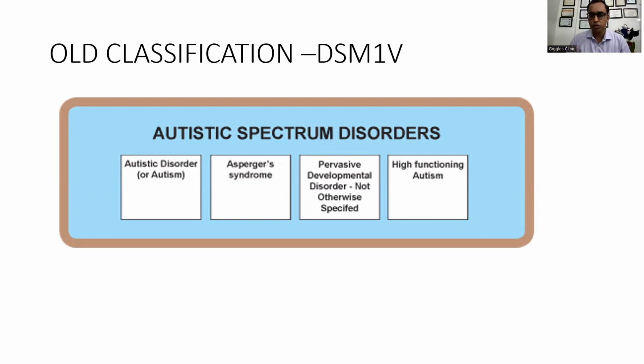So whatever name you give, whether it is Asperger, classic autism, high functioning autism, or pervasive developmental disorder, it doesn't make a difference at all, because these were the old terms. Still now, many doctors might write that the child comes under PDD-NOS, that is pervasive developmental disorder, not otherwise specified. But it doesn't mean that he is not on the spectrum. He is on the spectrum, because these were the old terms.